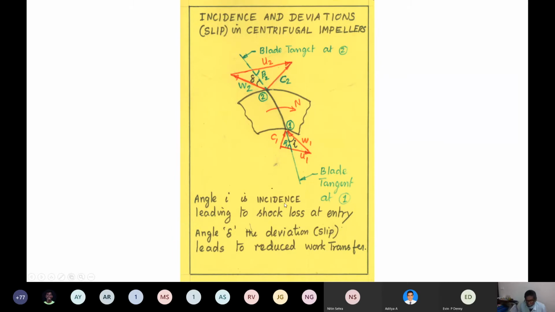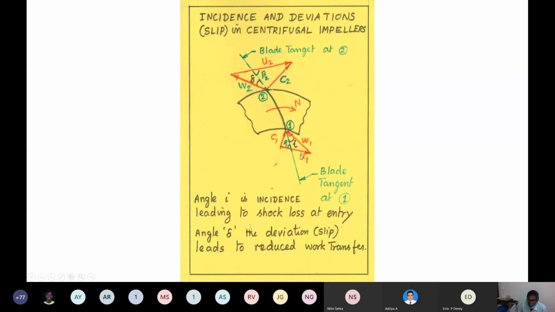Shock here means that at this point the relative velocity is inclined, and after 1 it has to suddenly change direction. A sudden change in the direction of the flow is what is meant by shock here.